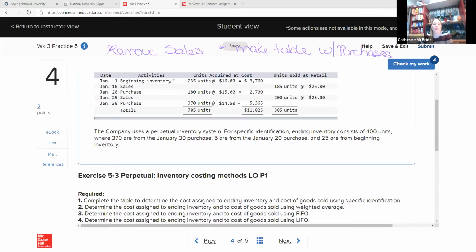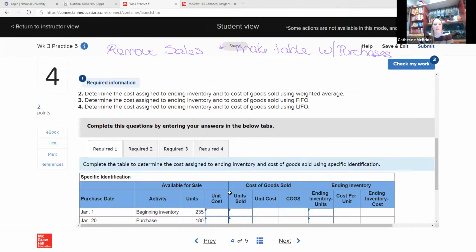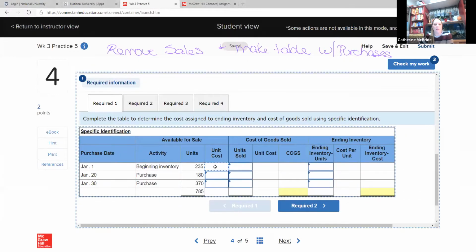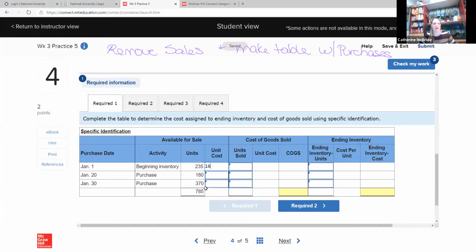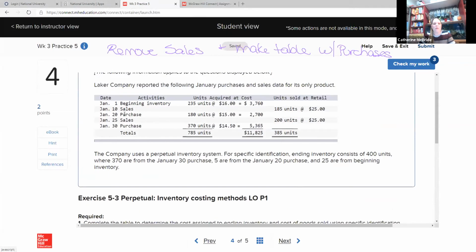So we have beginning inventory, 235 units at $16. So I'm actually going to go down here and say we paid $16 for those. We had sales of 185 units at $25. The amount that we sold it for at retail doesn't matter, only the number of units.